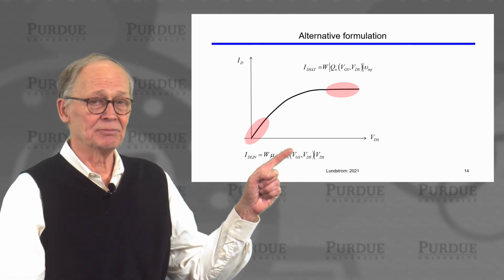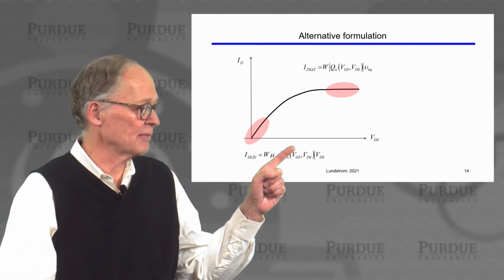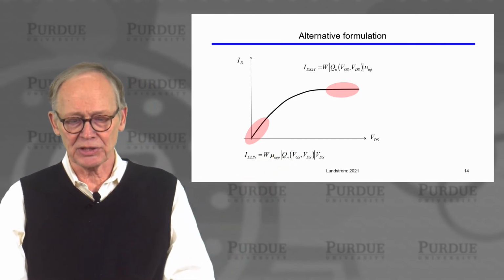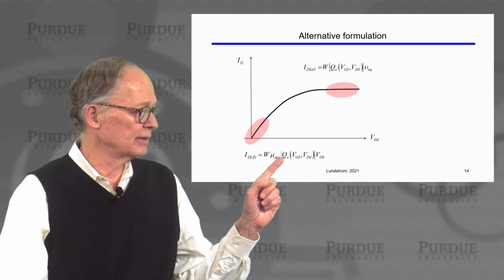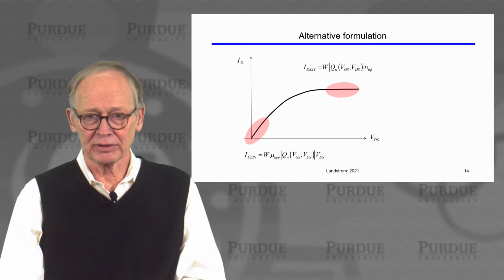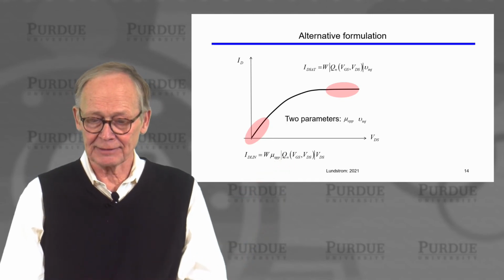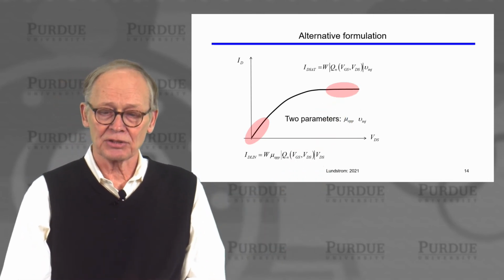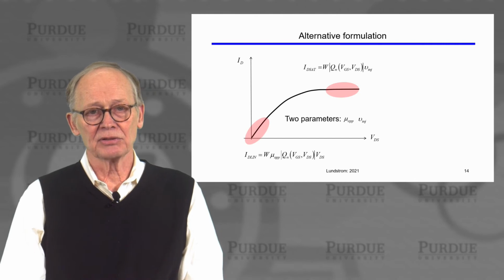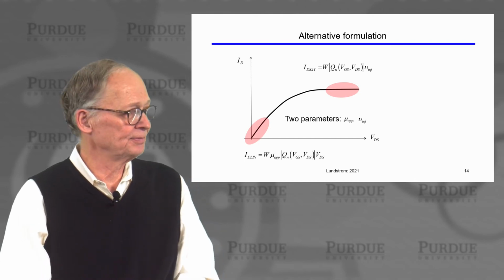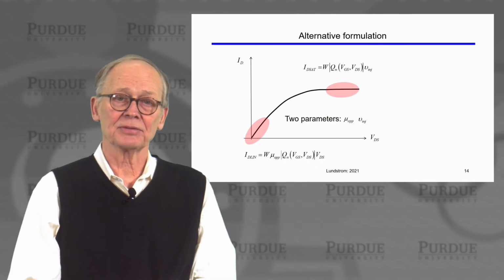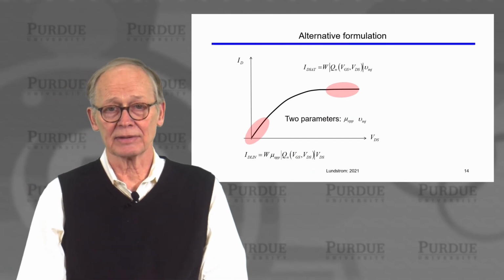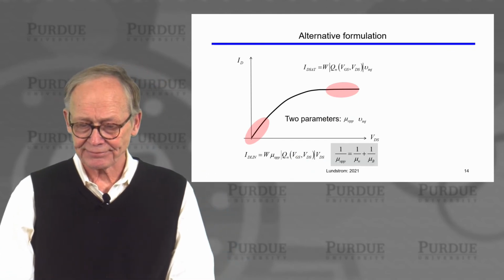Then we saw a mathematically equivalent expression: we could write the linear region current just like the traditional expression with one difference, an apparent mobility instead of the actual mobility. And we could write the saturation current just like the traditional velocity saturation expression, except that we replace the high field saturation velocity by this quantity we called injection velocity.